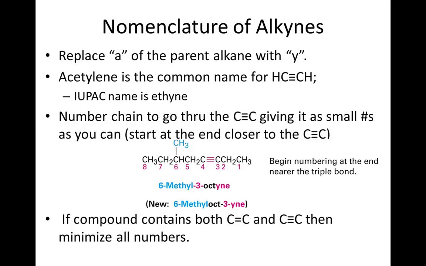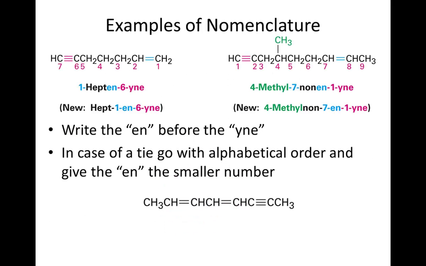If you have both carbon-carbon double bonds and triple bonds, then you want to take that rule of numbering at the end closest to the double bond or triple bond and look at all the possibilities and try to minimize all of the numbers. So there's no rule about whether the triple bond or the double bond takes priority. They're considered pretty much equal in the numbering system. It's just where do you get the first thing.